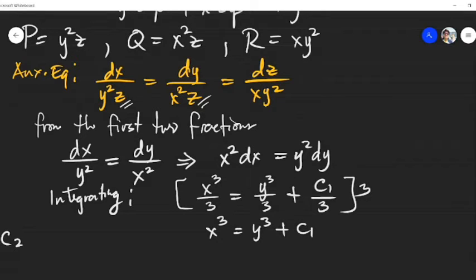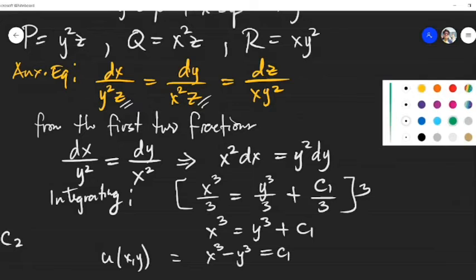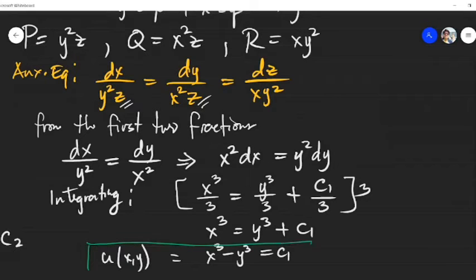And transposing y cubed, we have x cubed minus y cubed equals c sub 1. And this is our u of x, y. So we have no z. So that's the first solution.